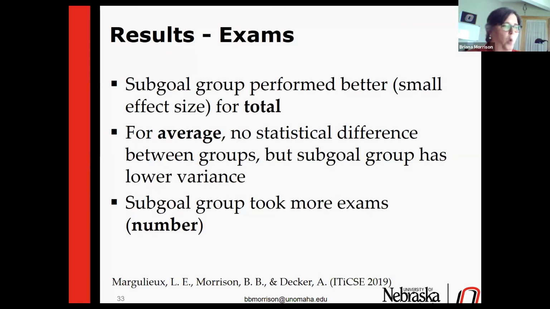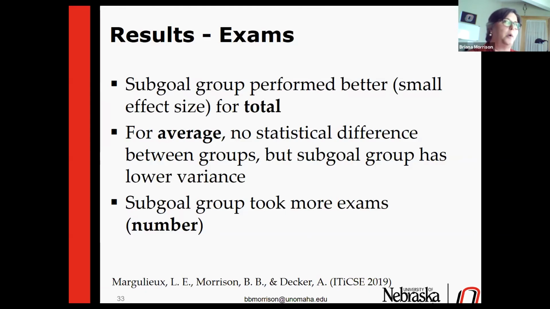What we discovered was that the subgoal group performed better for the total, but it was a very small effect size. For the average, and remember, that's when we take out the 0s, there was no statistical difference between the groups. However, we did note that the subgoal group had a lower variance within them.